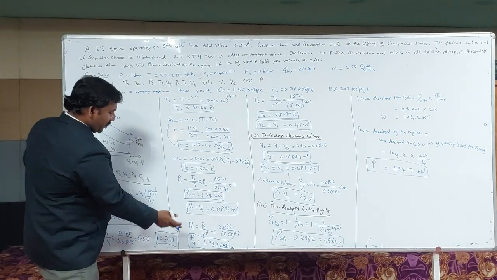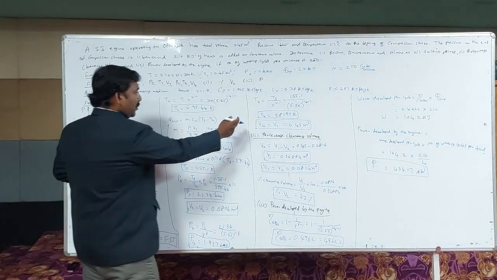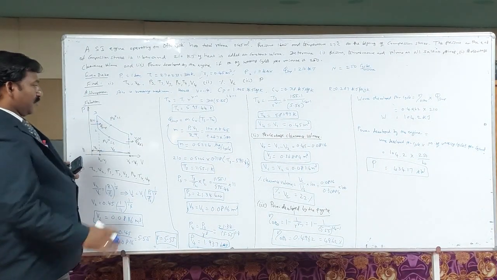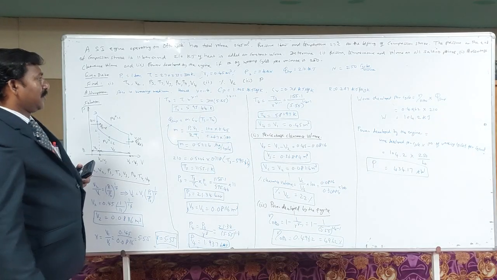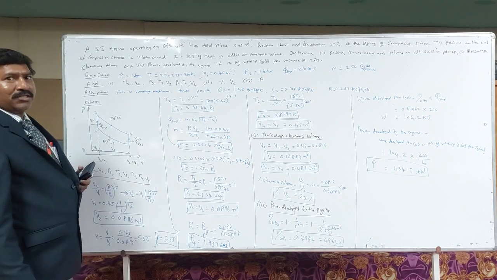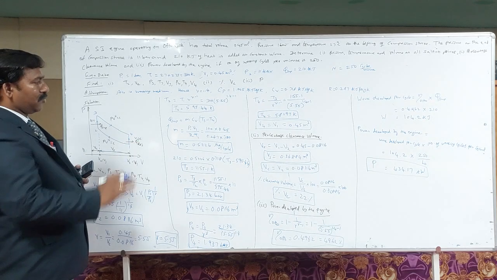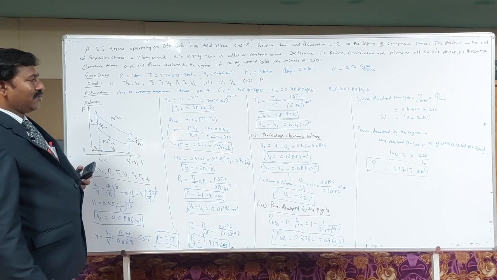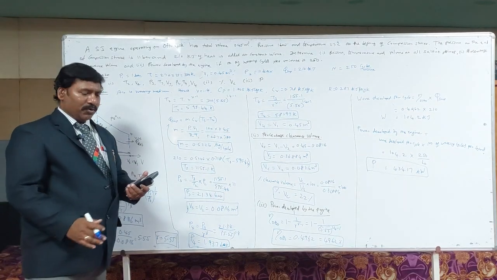And 3 to 4 is an expansion process. The temperature will get reduced. So 4 to 1 is a heat rejection process. So the heat is released during 4 to 1, rejected to the atmosphere. And the total power developed in this SI engine is 434.17 kilowatt.